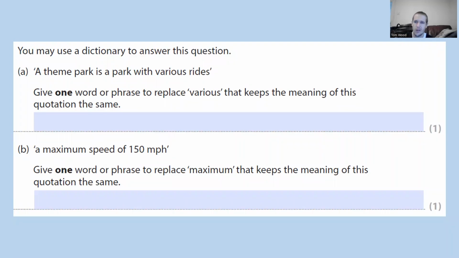So essentially, although it sounds a bit formal there, we are just changing the word "various" to something that means the same. So we are just acting like a thesaurus. Same for B there. "A maximum speed of 150." Can you think of a different way of wording that? Can you essentially rephrase it as well? So have a go, and I'll check the answers in just a second.